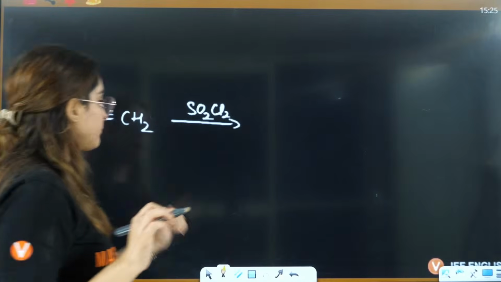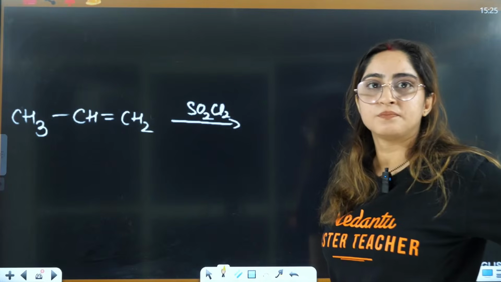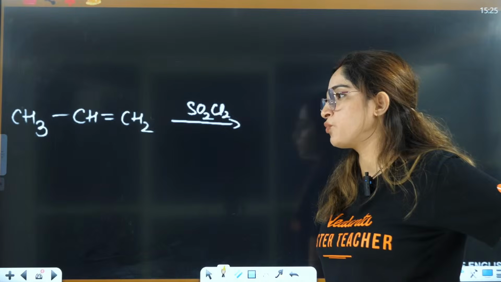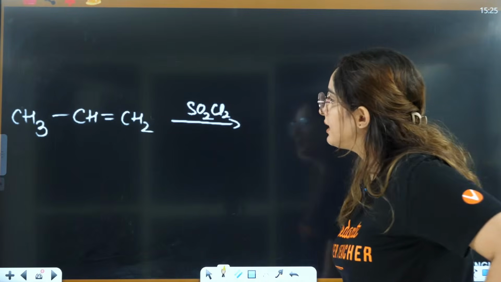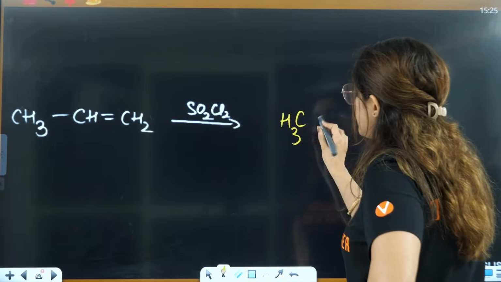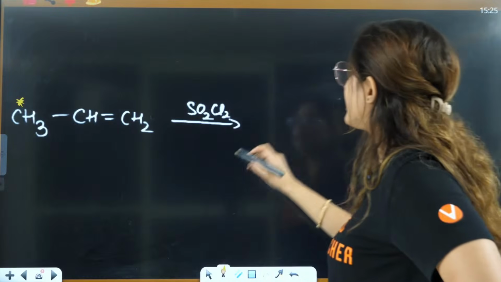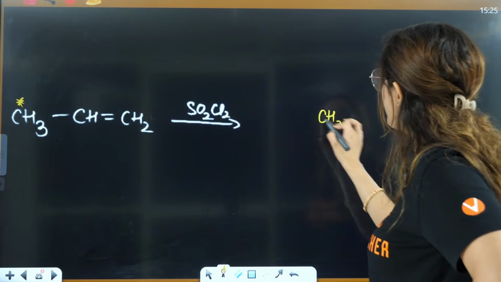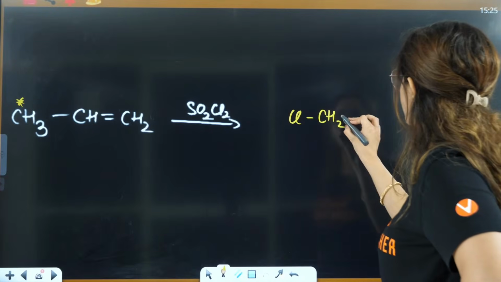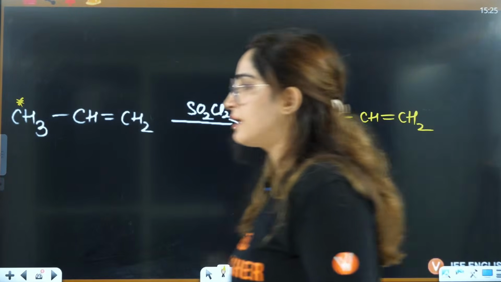Now tell me, in this case, you have SOCl2, what should happen? This is the allylic carbon. On the allylic carbon, you will have substitution reaction, because this will produce Cl, so this will be CH double bond CH2, and that will be the answer here.